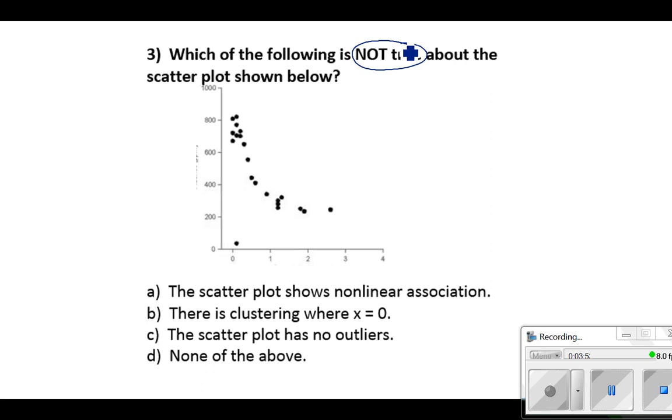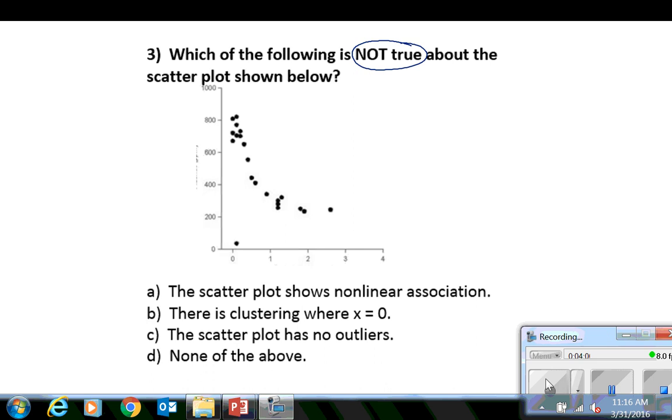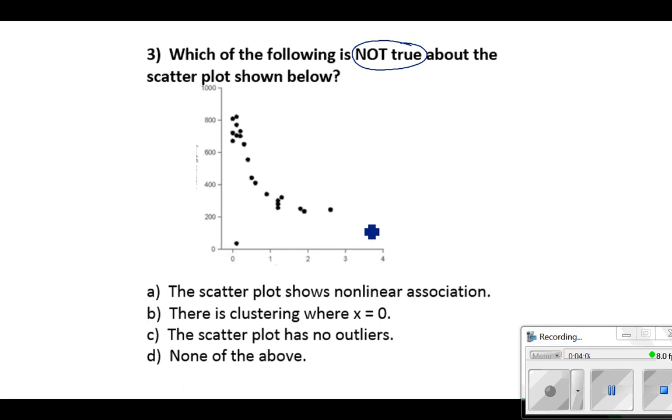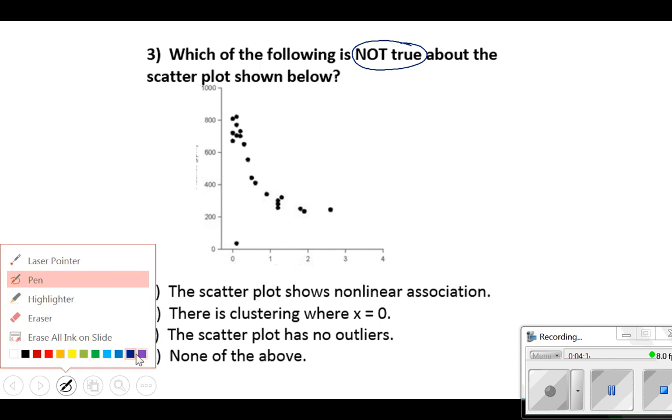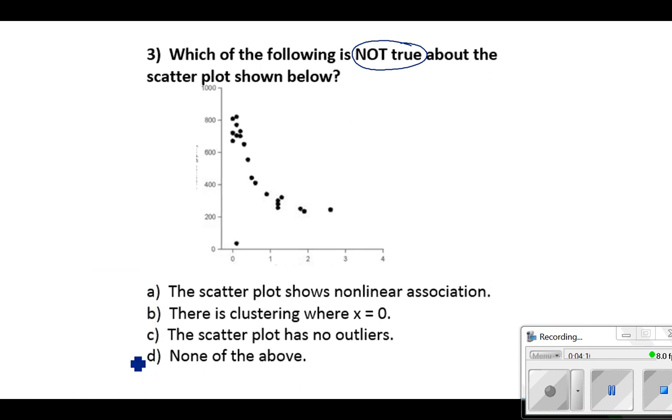A, the scatter plot shows nonlinear association. Looking at it, it kind of shows a linear, but it's mostly nonlinear because it goes down in an arch. So A would actually be true. B, there's a clustering where x equals 0.